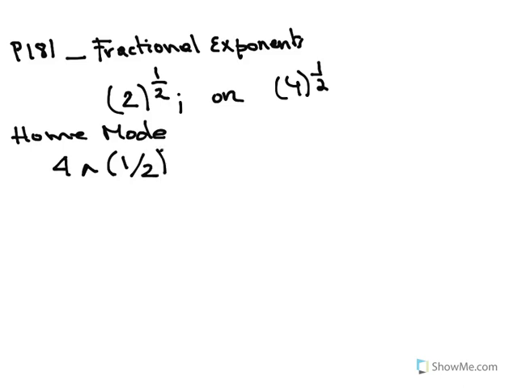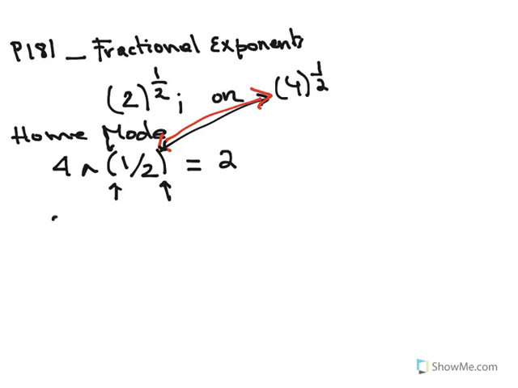Don't forget to put the parentheses, okay? So your calculator understands what it is that you want. If you do 4 to the 1/2, you're going to get a 2. If you don't get a 2, it's probably because you're not putting the parentheses.